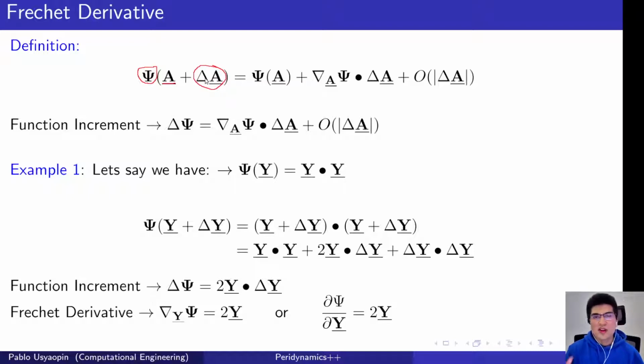So this is a very, very small increment in that parameter A, right?